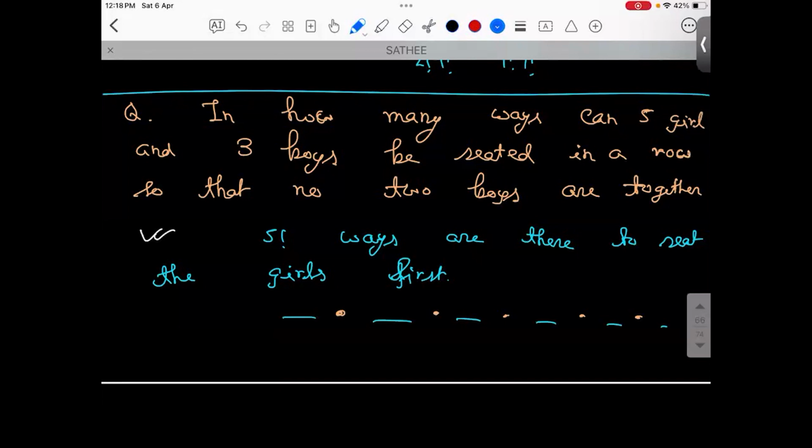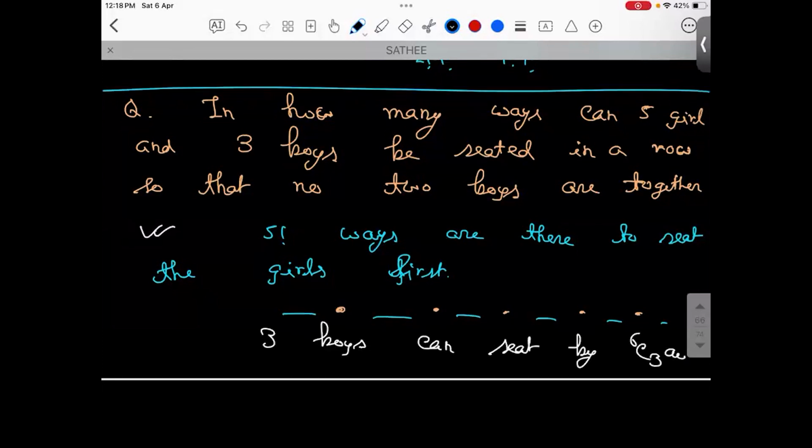So how many ways can the boys sit? The 3 boys have 6 choices of places among which they can sit.